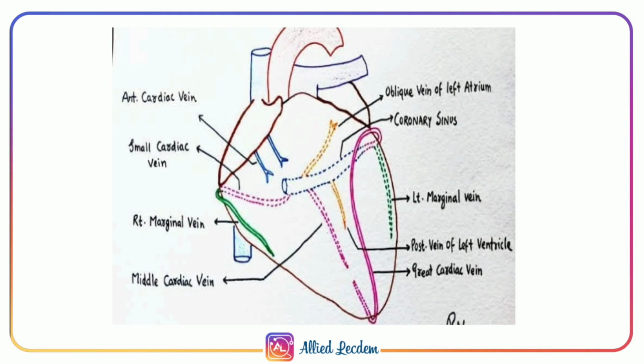The great cardiac vein enters at the left end of the coronary sinus, and the middle cardiac vein accompanies the PDA and joins the right end of the coronary sinus. And the small cardiac vein accompanies the RCA and joins the right end of the coronary sinus, and the anterior cardiac vein runs on the anterior wall of the RV and opens directly into the right atrium.